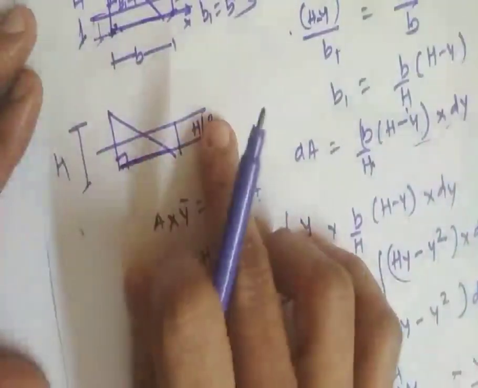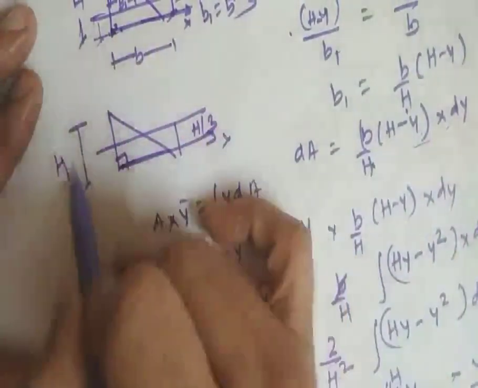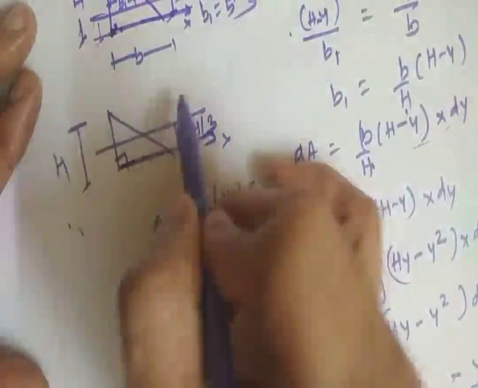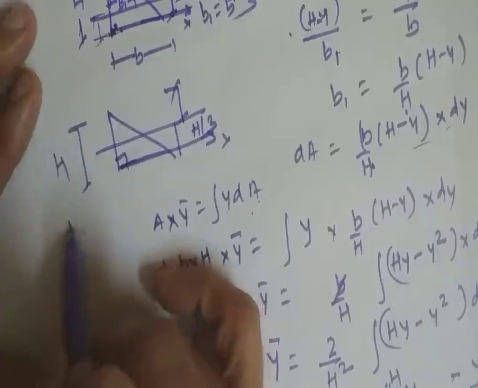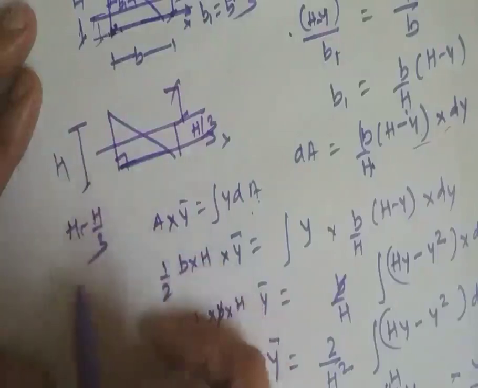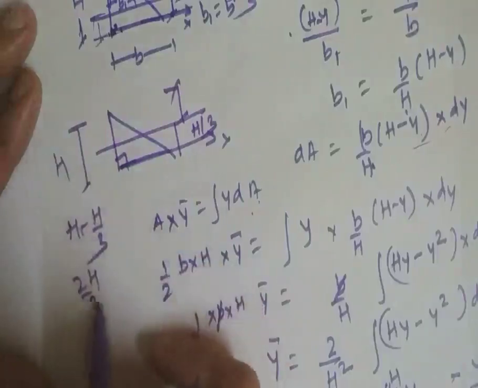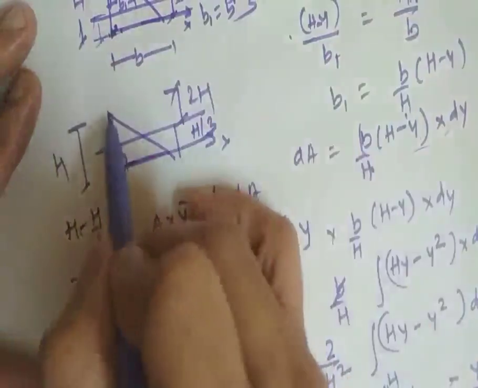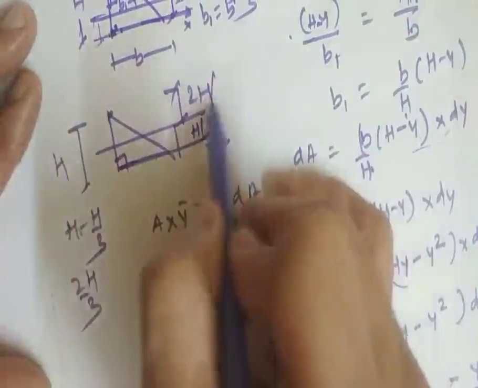If the centroid is at a distance of h by 3 and the total distance is h, the remaining distance is h minus h by 3, which is 2h by 3. So from the hypotenuse point, the centroid distance will be 2h by 3. This is the centroid with respect to the vertical.